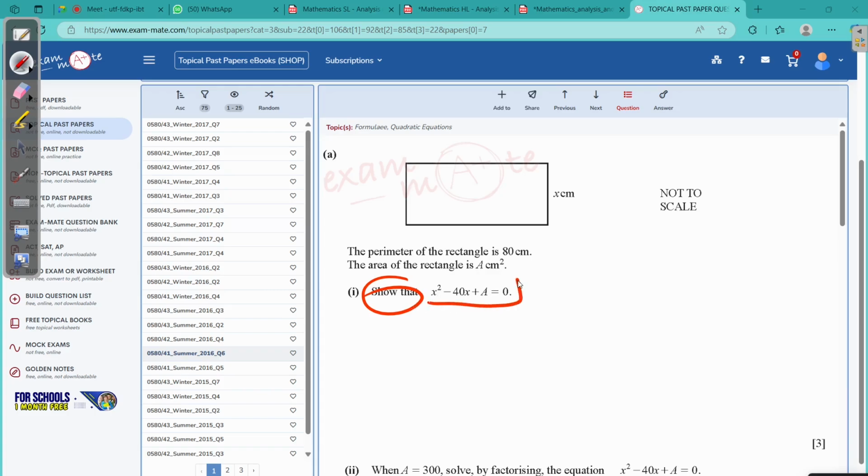You have to derive this equation. You cannot solve this right now because in this equation you have two unknowns, x and A. So you cannot solve this. You have to derive this. You have to show this.